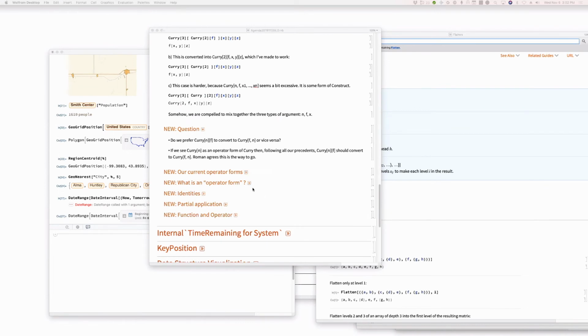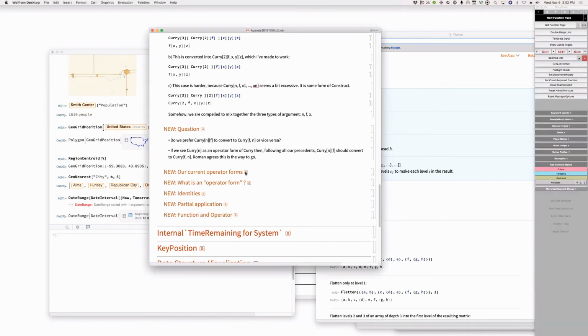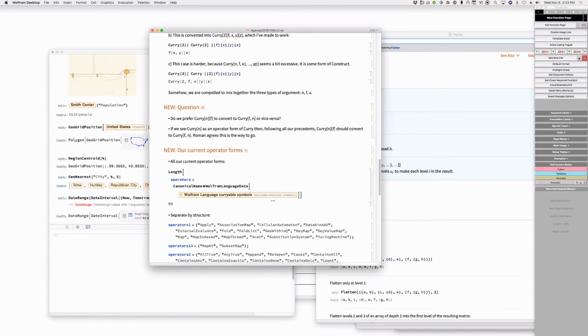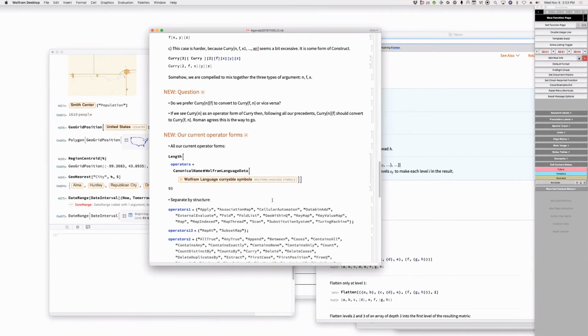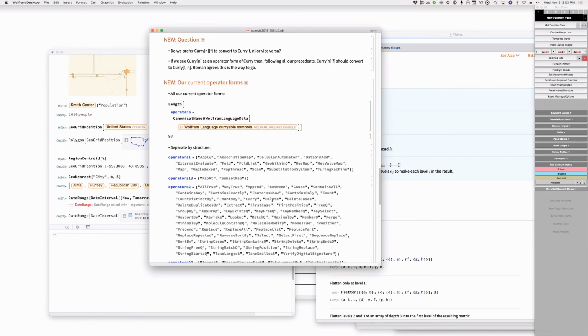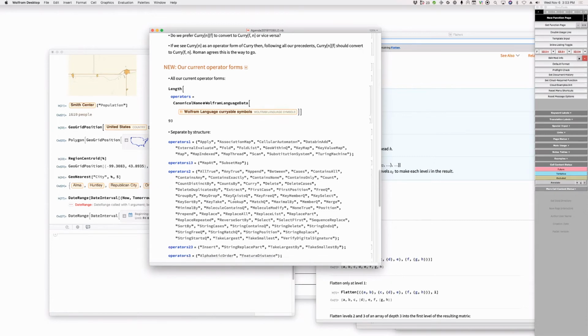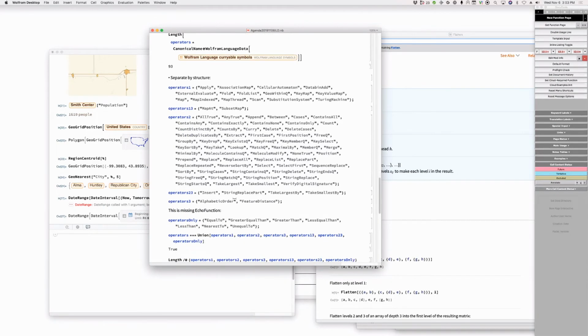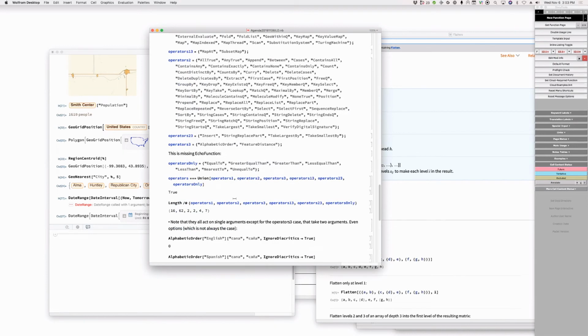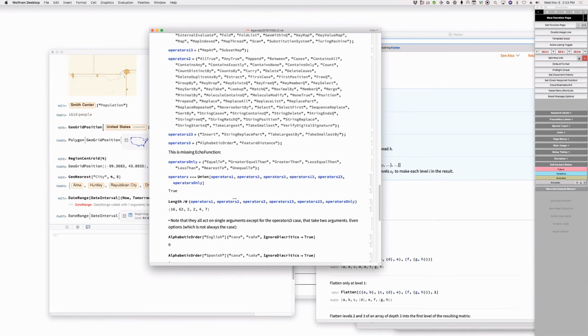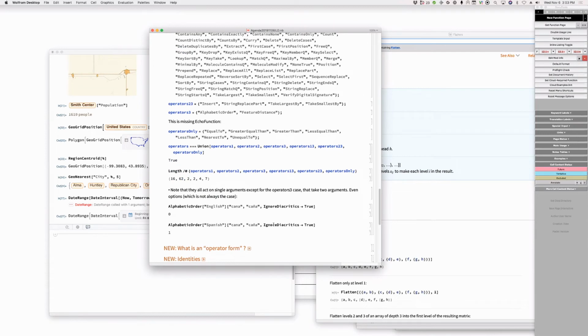Where did you put that? Our current operator forms, that one. I see. Okay, yep. So take the second argument and make that the curryable thing. Exactly, which was always our argument for favoring that default.